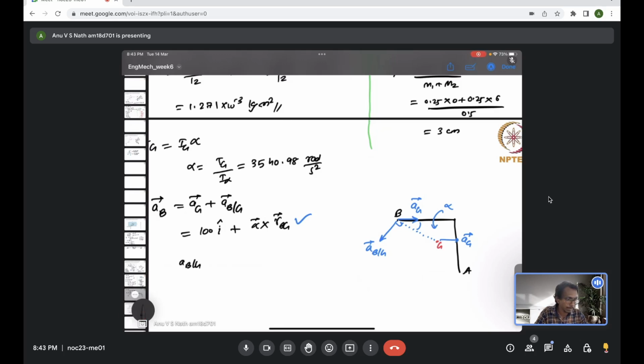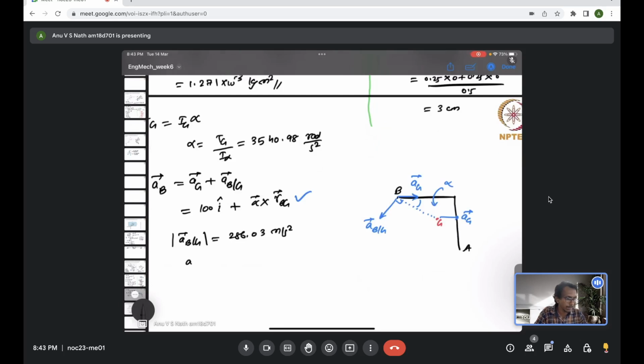If I say the magnitude of acceleration of B with respect to G, just the magnitude, you will get around 286.03 meter per second square, and the acceleration of G magnitude is already known, which is 100 meter per second square.